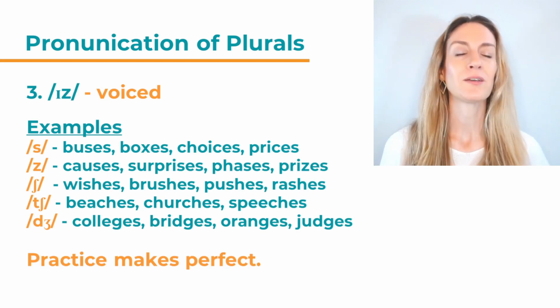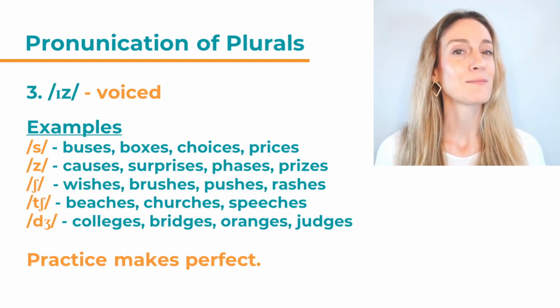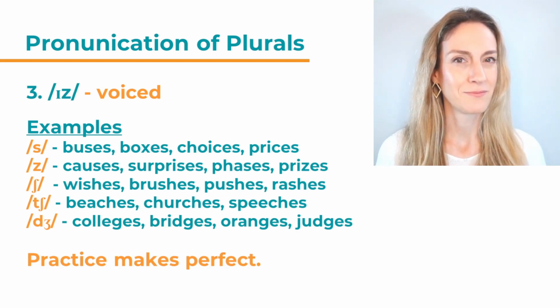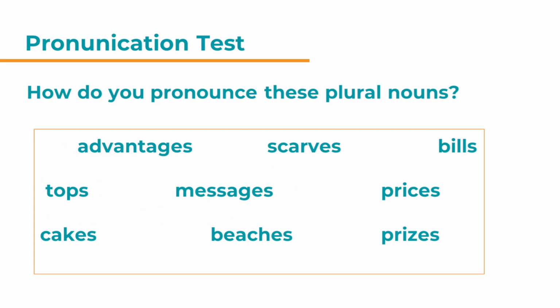And remember, practice makes perfect. Now let's do a little pronunciation test. How do you pronounce these plural nouns? Stop the video, say the words out loud, listen to yourself, and then continue with the video.